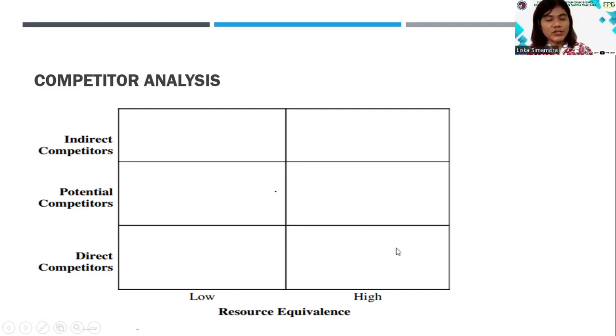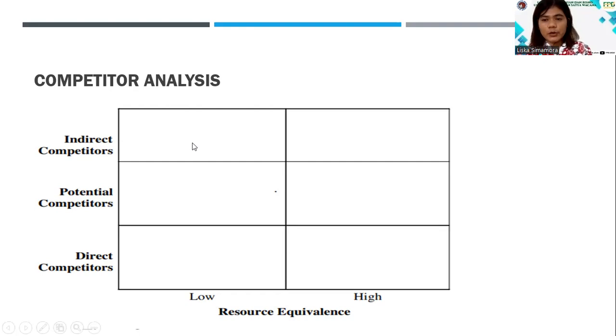So it is something dangerous. We have to pay attention to how to win over them. So we put our competitor here if they are our indirect competitors, and the resource equivalence they use with us is high. I mean, yeah, 100% similarity.